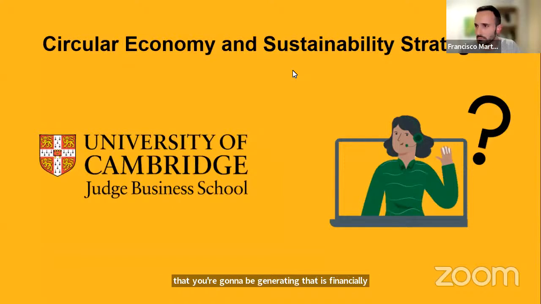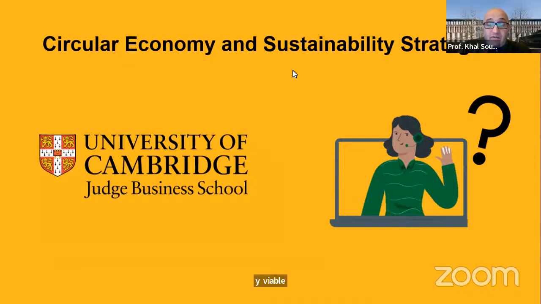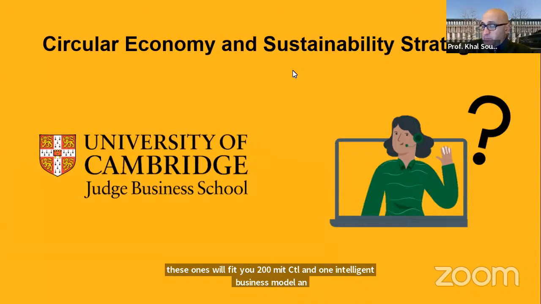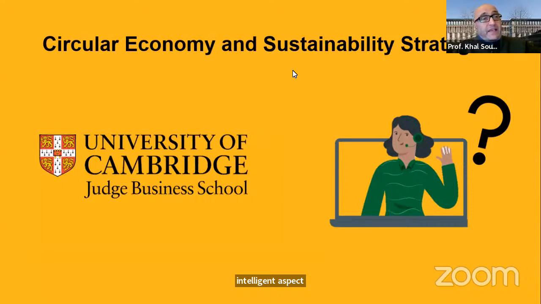That's efficient, and that is productive. And then it meets the objective. So you have to decide as an organization which of these ones will fit you. An intelligent business model, an intelligent aspect would be applied better in banking, for example, as opposed to insurance, in manufacturing, in a certain industrial aspect, as opposed to retail, or as opposed to a food or supermarket. So the company needs to be able to identify that.